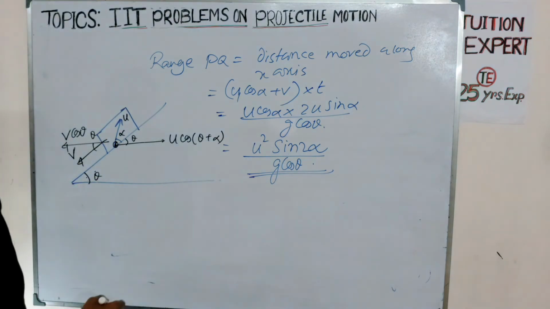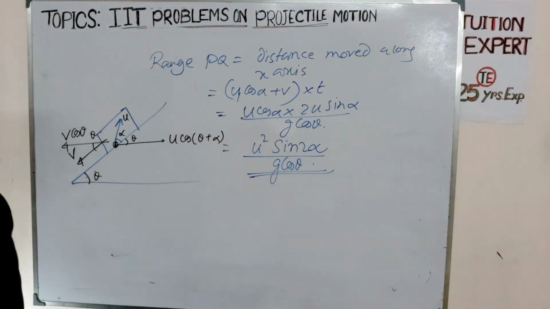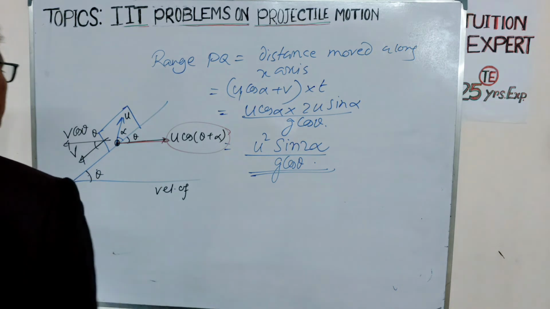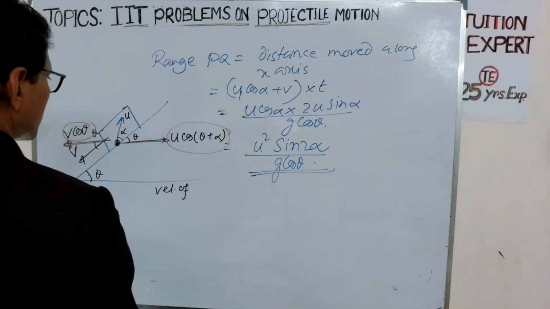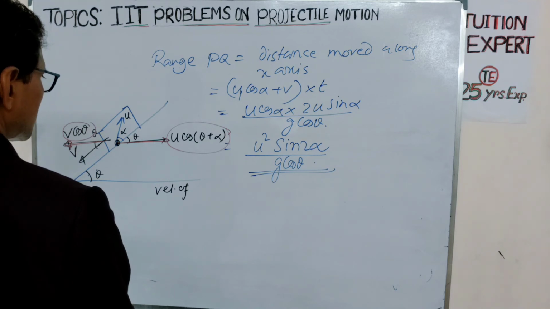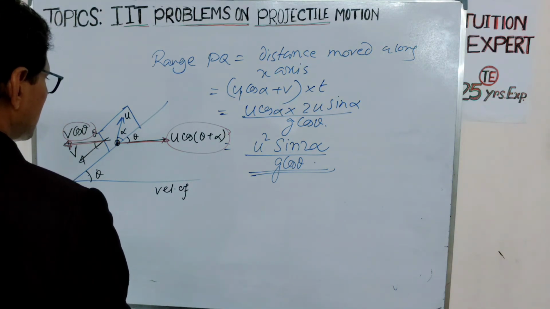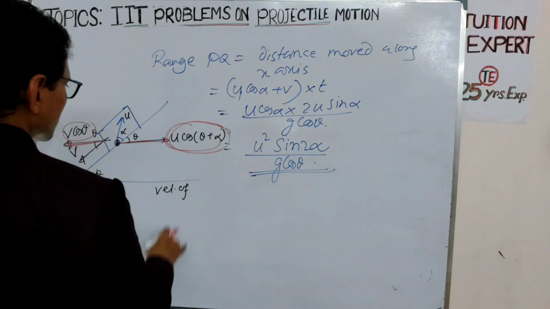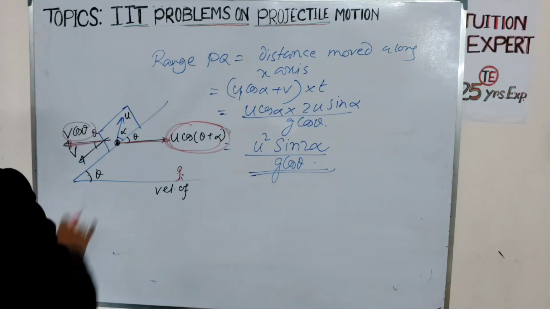Now this is the velocity of the particle with respect to box in this direction, and this is the velocity of the box, completely along this. The two velocities should be equal, as an observer from the ground observes that there is no horizontal displacement.